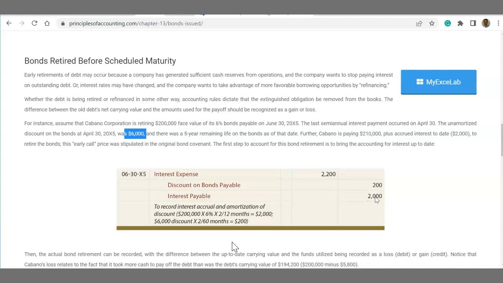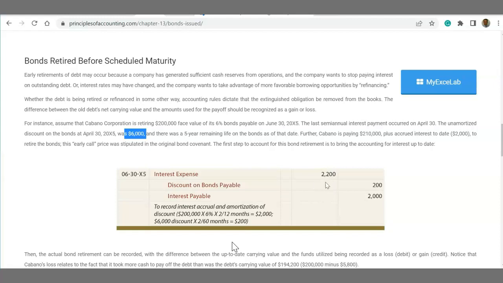So interest payable is $2,000. You amortize the discount for $200, and interest expense will be debited. You might ask, how do you know the discount is always amortized on the credit side? Because when you issue at a discount, remember that the discount has a normal balance on the debit side, just like an expense.